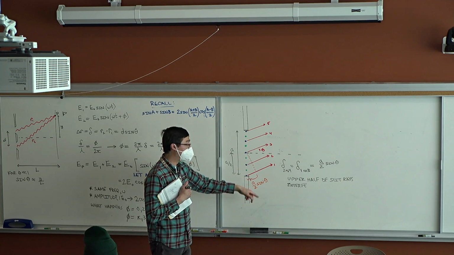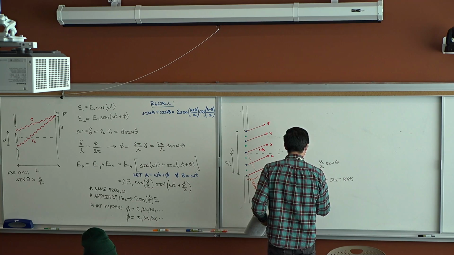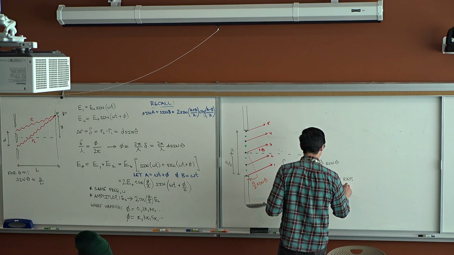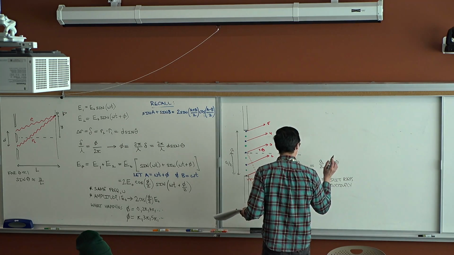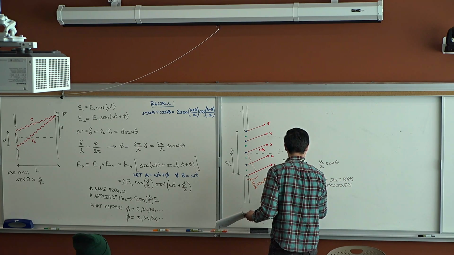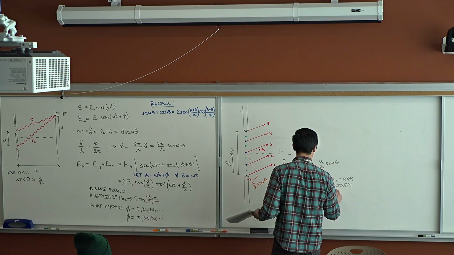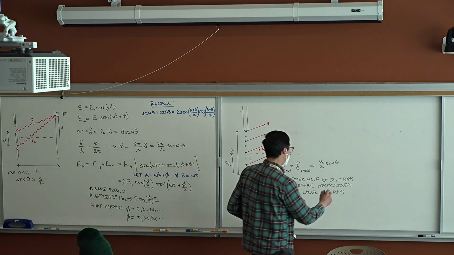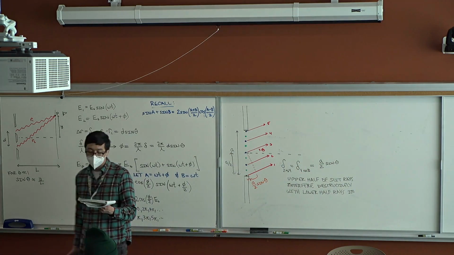They differ by A over 2 sine theta. So when will rays in the upper half interfere destructively with rays in the lower half?